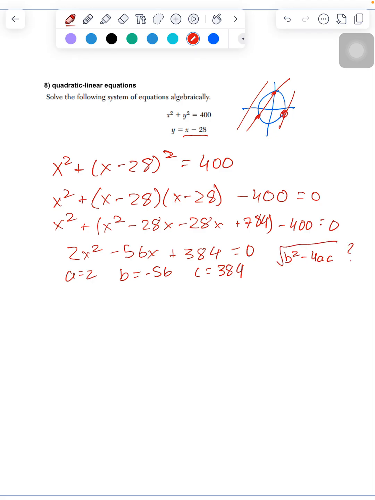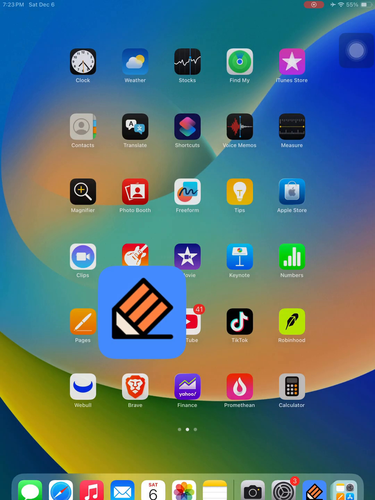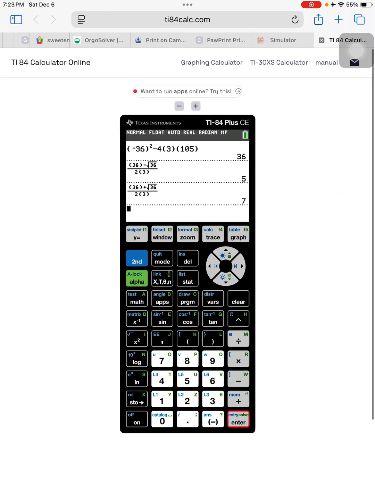We have negative 56 squared minus 4 times a, which is 2, times c, which is 384. Let's take out our calculators and put this in. Negative 56 squared minus 4 times 2 times 384.